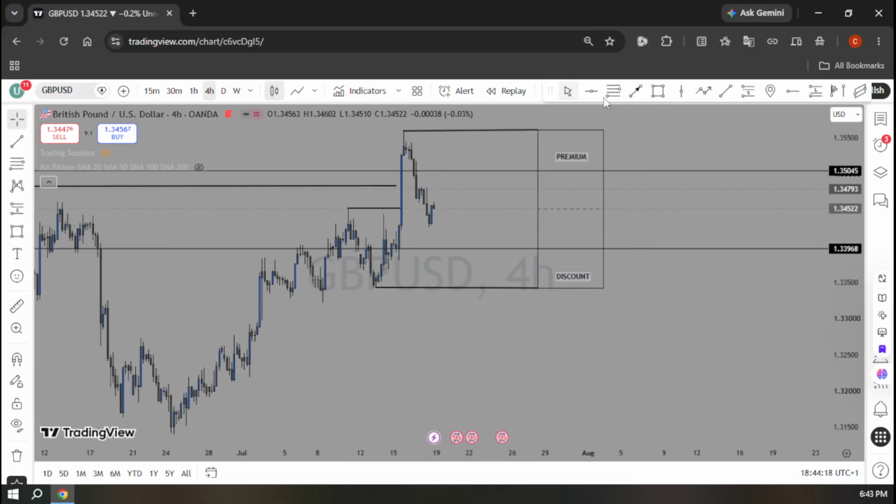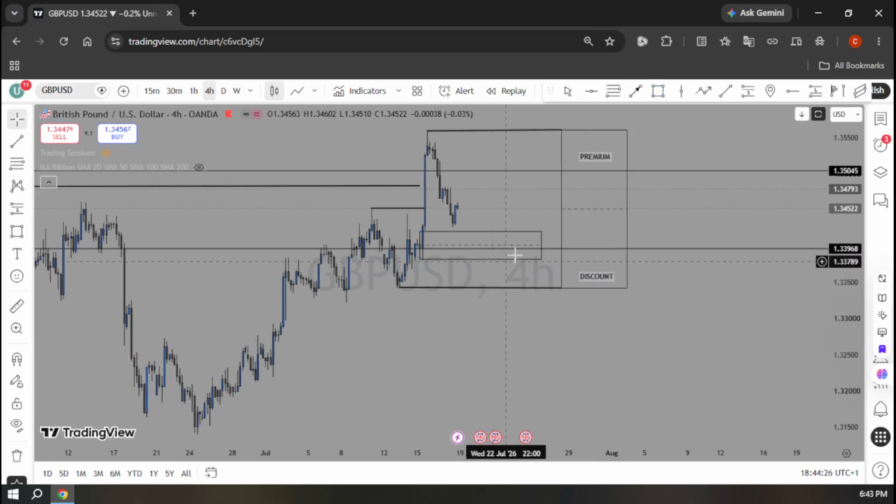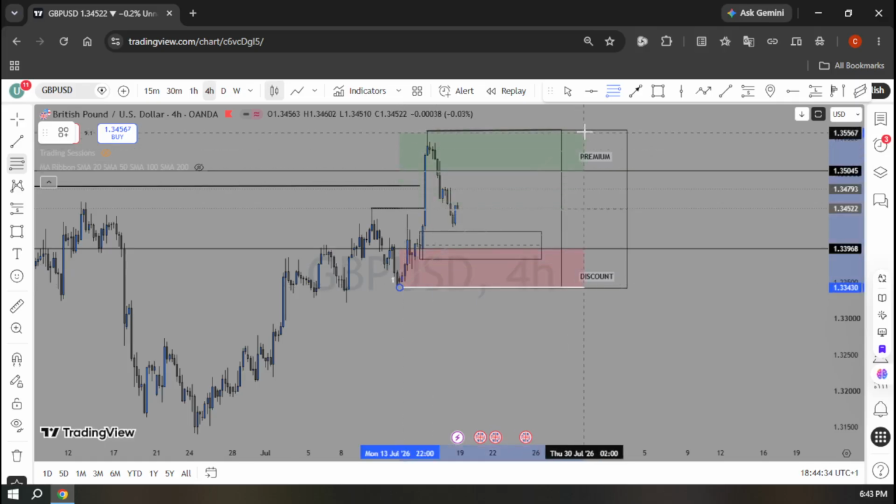And where is my supply area, my demand area rather? This is my demand area, right inside it, right inside the 75% area, which is actually a strong area, a good place to take a long position.